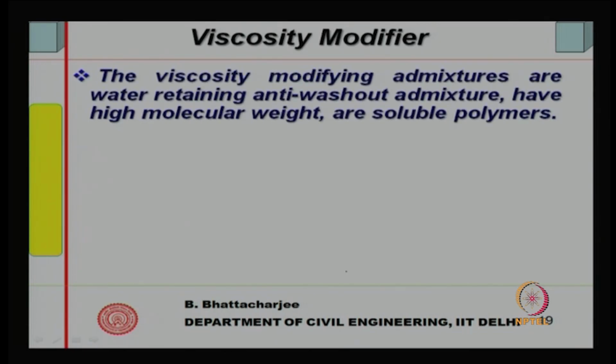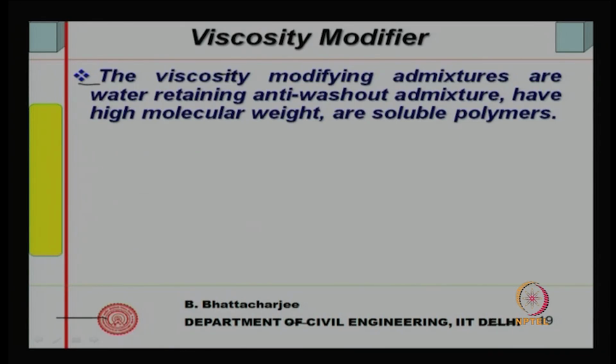So, what we have seen is air entraining agent, which reduces the surface tension, but then we have another variety called viscosity modifier. Now, viscosity modifying agents are water eating, they are used in underwater concreting as anti washout admixtures.